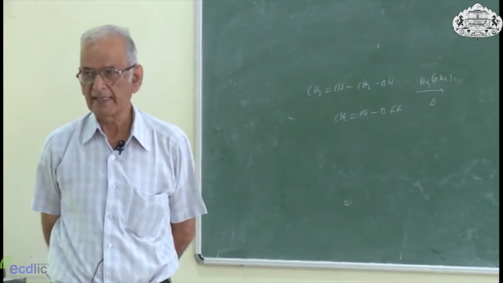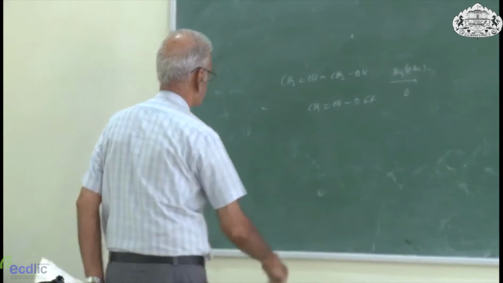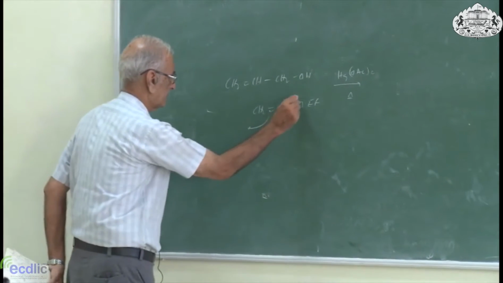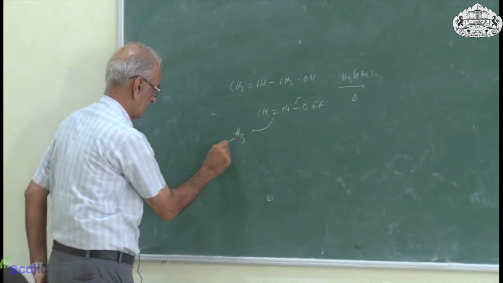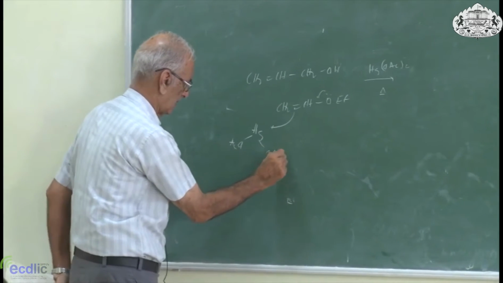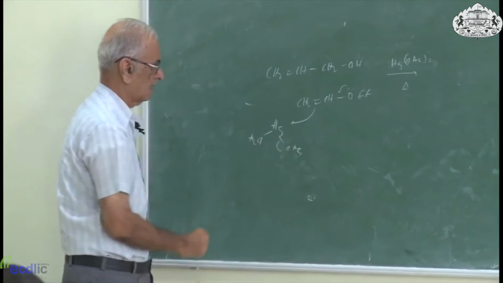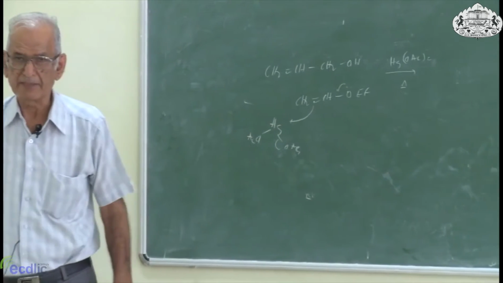We want to prepare allyl vinyl ether. Okay. So, first step, electron rich double bond attacks mercury.